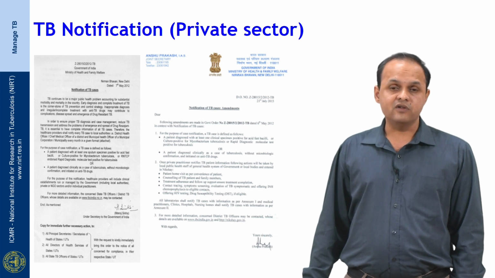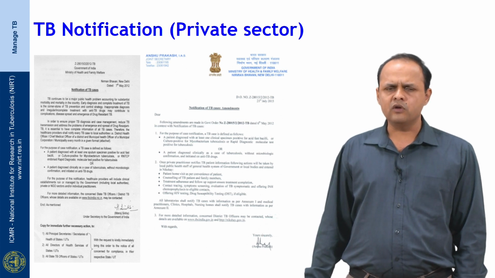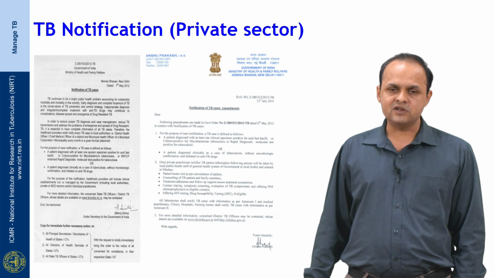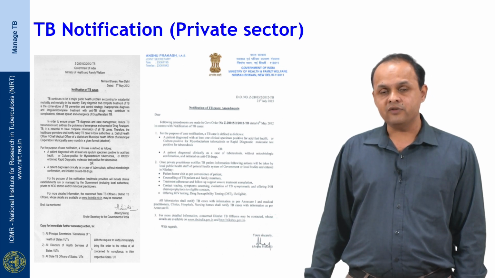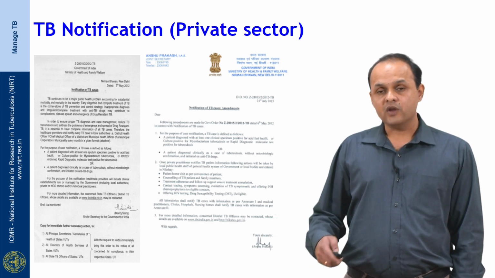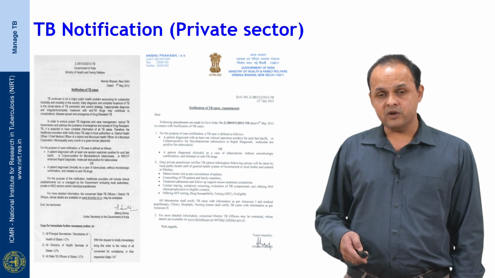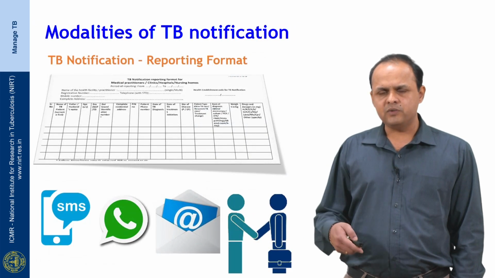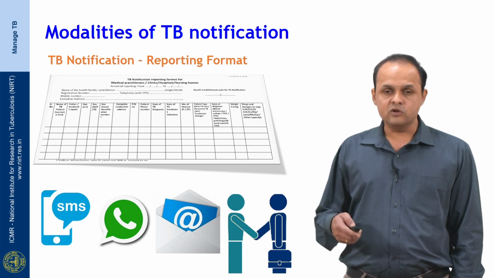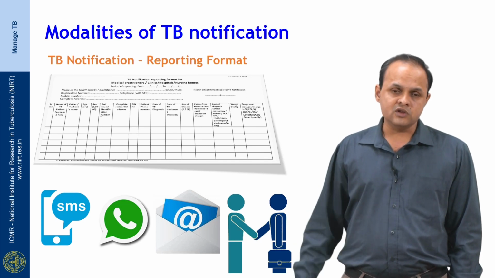If any medical officer in the private sector diagnoses tuberculosis, he or she should notify that case to the public health department. The program has developed formats so that the patient or the provider in the private sector can also notify tuberculosis very easily.